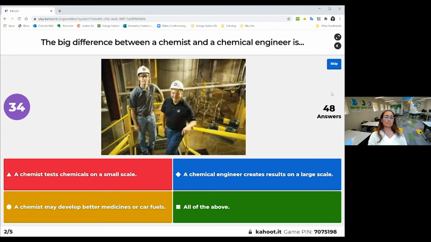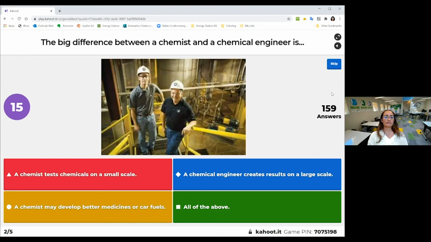A chemist may develop better medicines or car fuels, yellow circle. Or is it all of the above, green square?